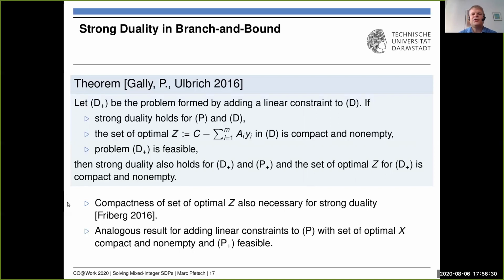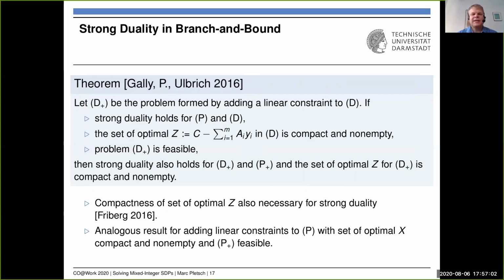So now Freund showed that compactness of this optimal set Z is necessary for strong duality. If this does not hold, then we don't necessarily have strong duality. And we can prove analogous results for adding linear constraints to the problem P with a set of optimal matrices X that is compact and non-empty, and the corresponding problem being feasible.